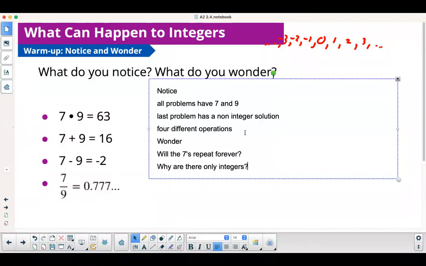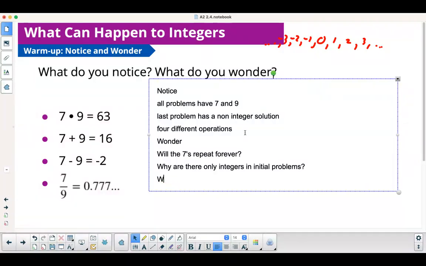No decimals, really? Only integers in the initial problem. Why is the last answer not an integer? Okay, that's the big one.